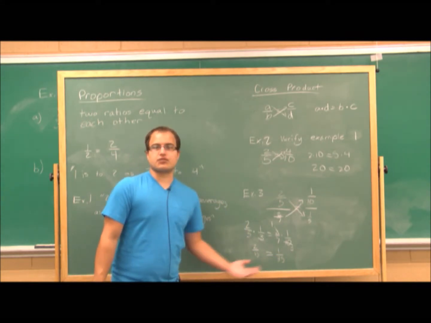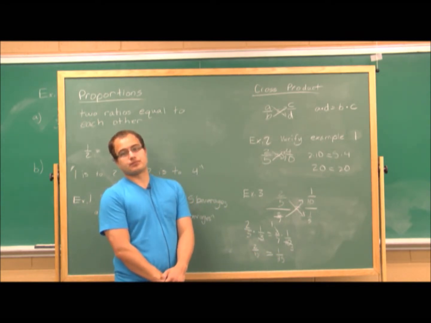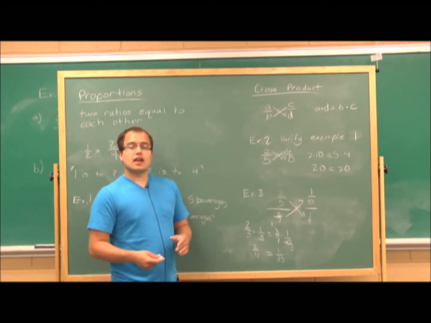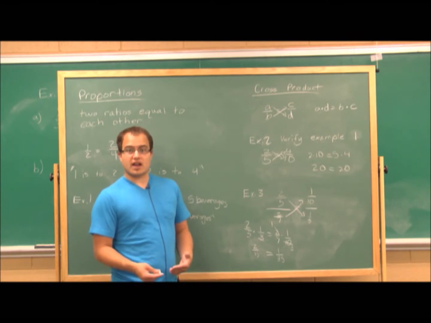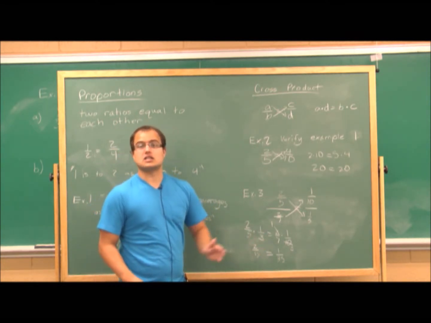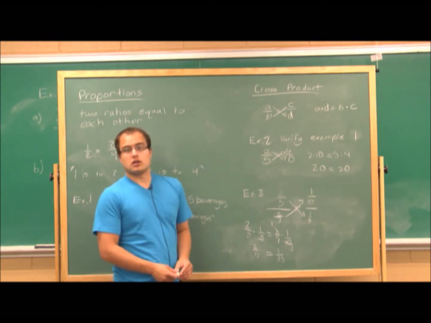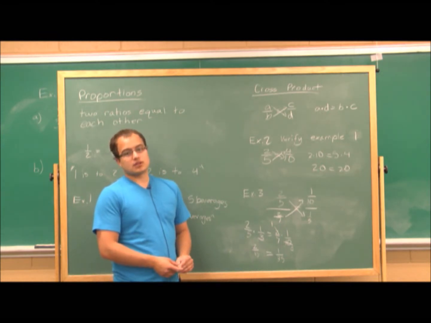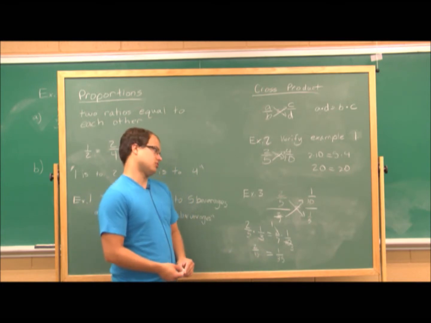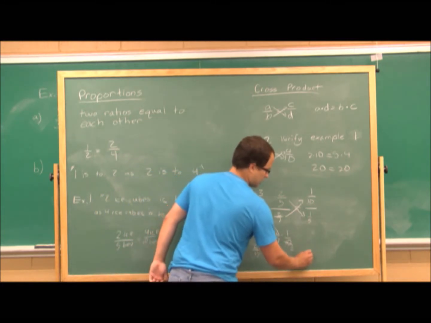So are these fractions the same? No. And in case you didn't simplify it all the way, you could even do another cross product here if you wanted. But both fractions are in the simplest form, and they aren't equal to each other, so it's not a true proportion. So, no.